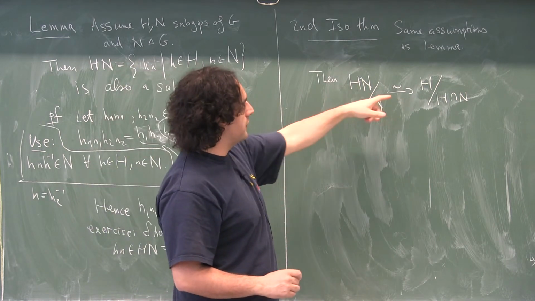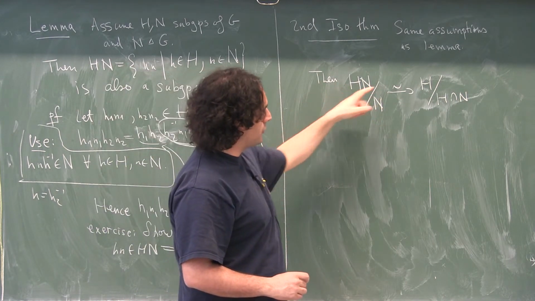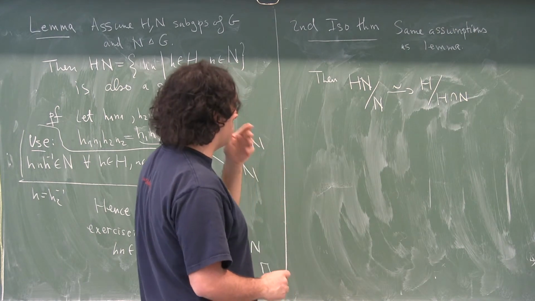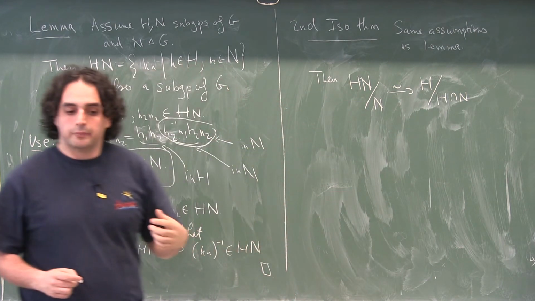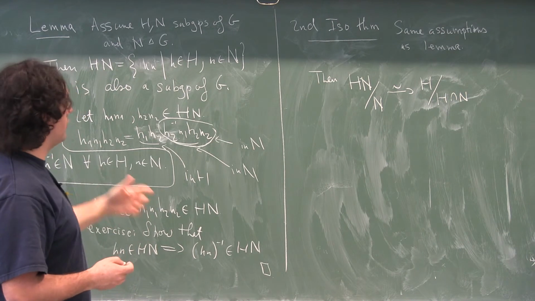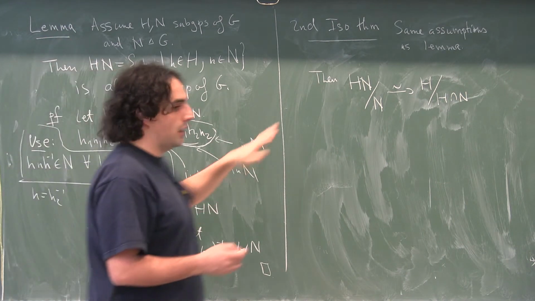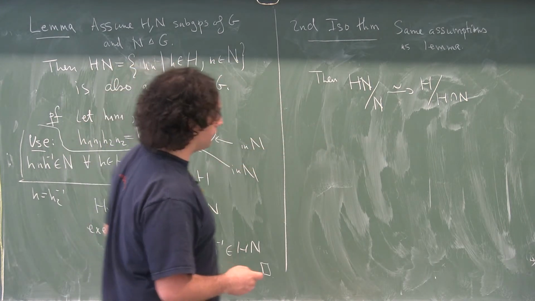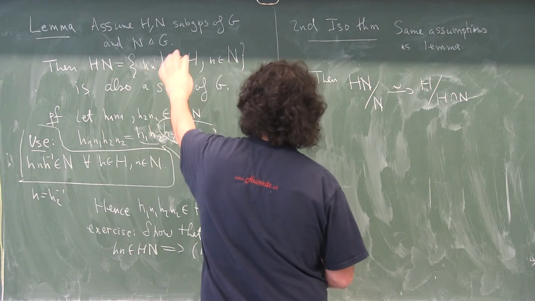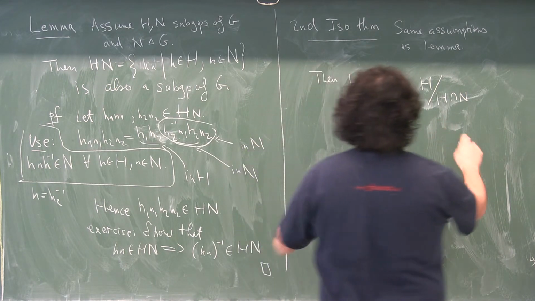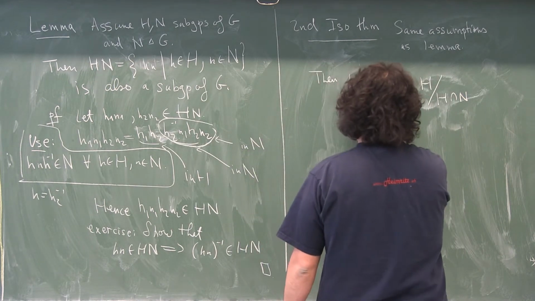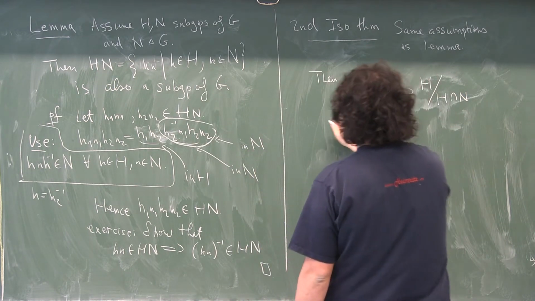You can prove this by constructing a homomorphism, finding the kernel and then applying the first isomorphism theorem. I won't do that. I think it was more important to work out the proof of this lemma, but this is, in any case, the statement of the second isomorphism theorem.